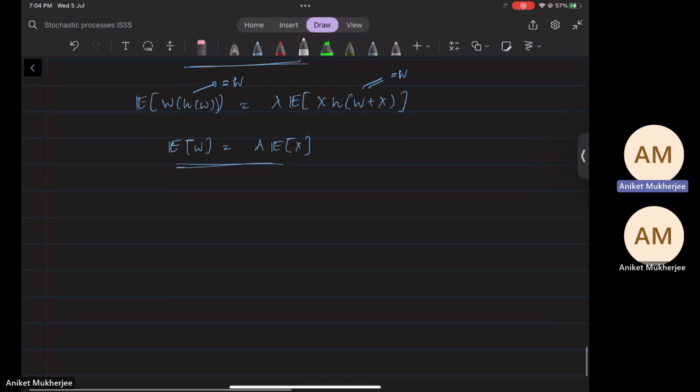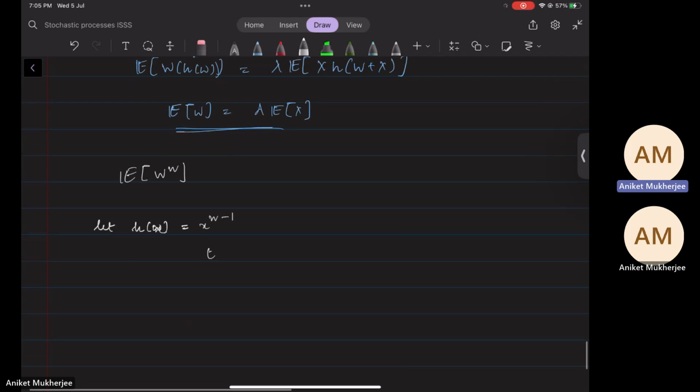So let us maybe try and do that, but we'll do it for a more general case where we'll do it for expectation of w power n. We calculate the expectation of w power n using the above property that we have got for a compound Poisson random variable. So now let us choose h of x equal to x power n minus 1.